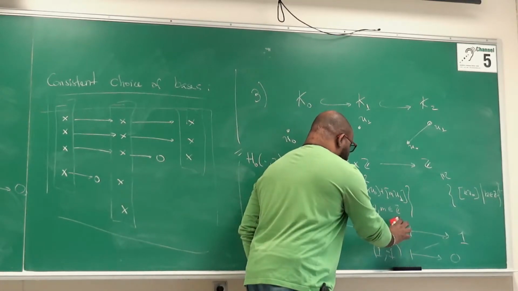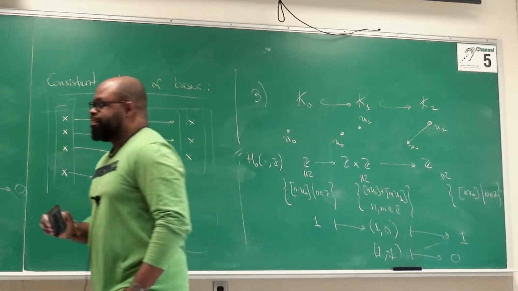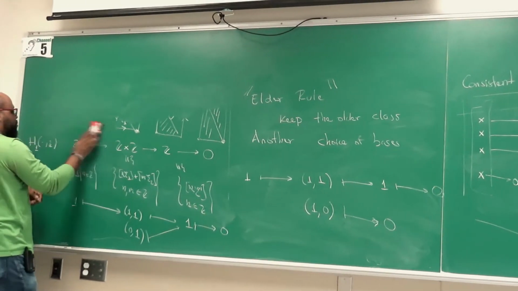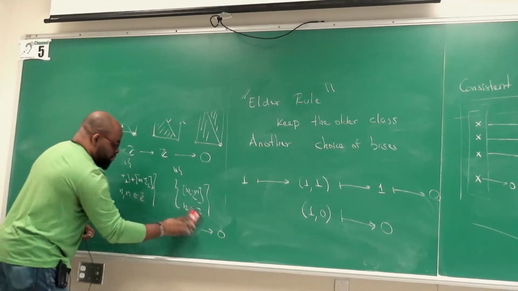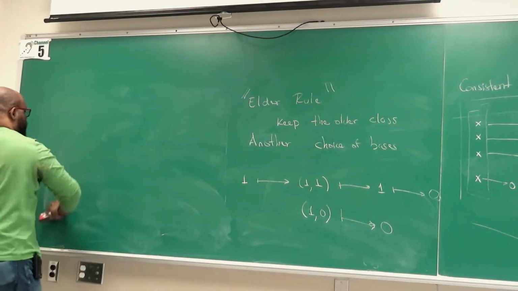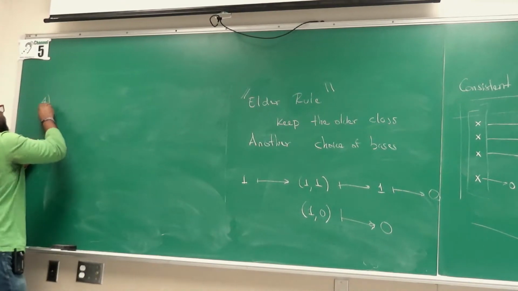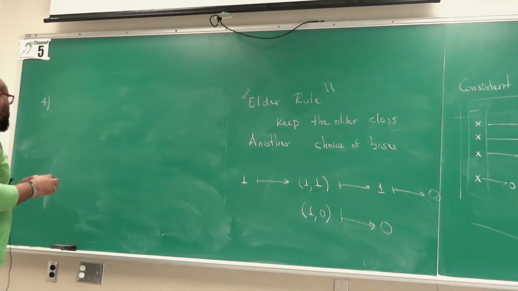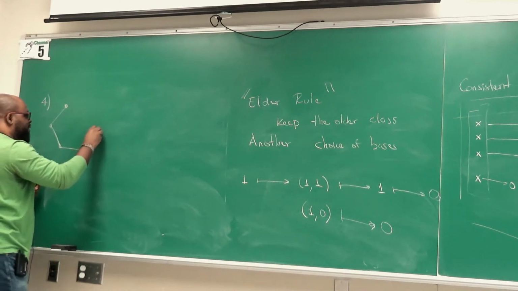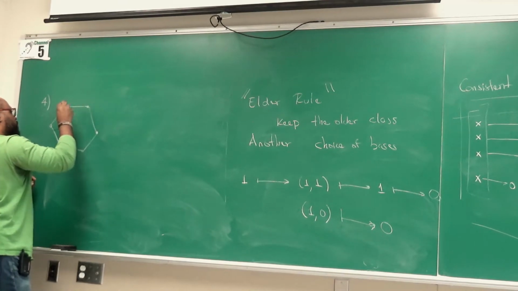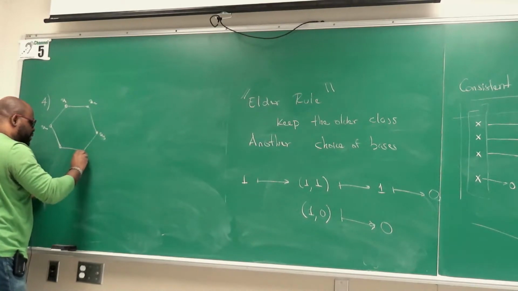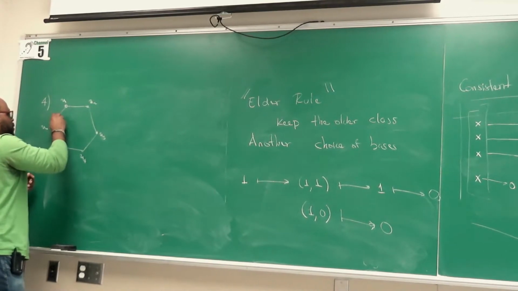Let's do one that is hopefully a little bit more complicated. For the next example, we're going to do something a little bit more complicated. I'm going to take K to be a hexagon, U0, U1, U2, U3, U4, and U5, with the usual orientation.